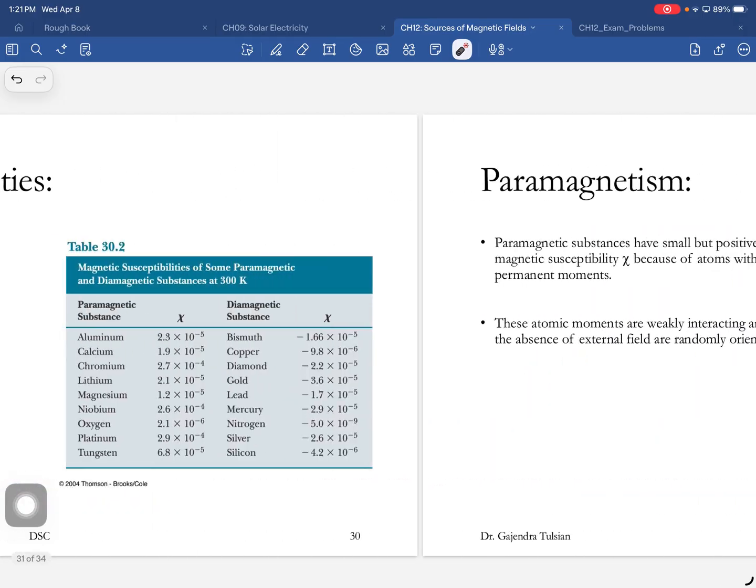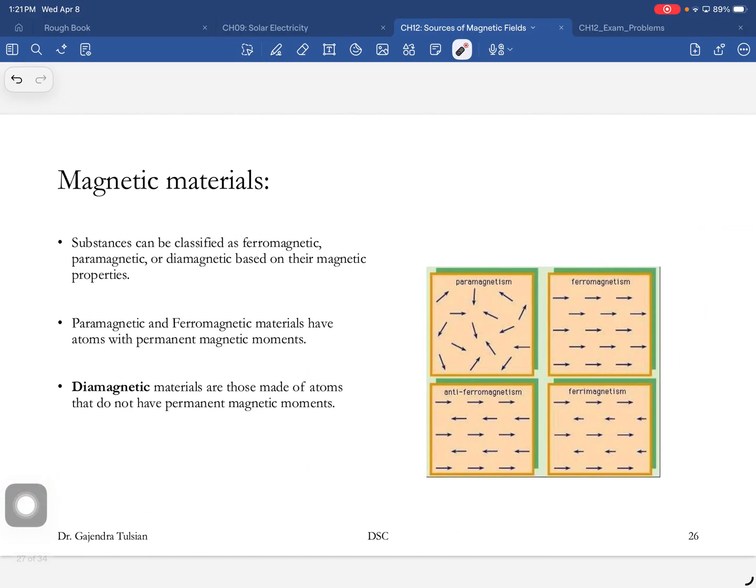I'm going to quickly go over these slides, just briefly mention them. So from a magnetic perspective, you can classify materials into 3 kinds: paramagnetic, ferromagnetic, and diamagnetic.